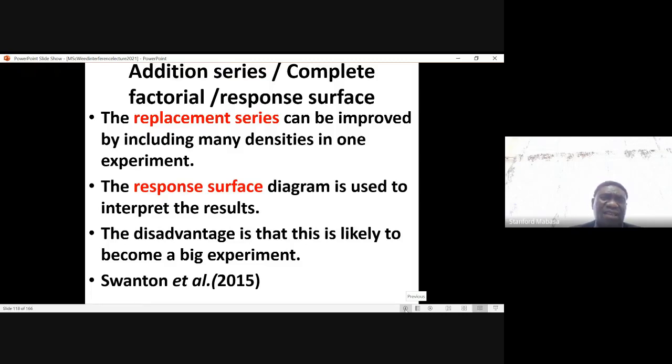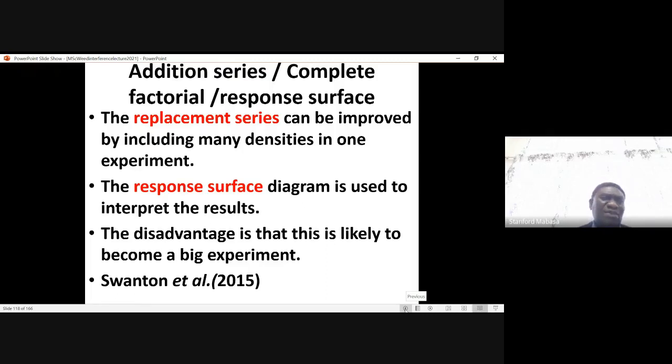So there is an experiment which is thought to be an improvement of the two. This study is known as the addition series or complete factorial.